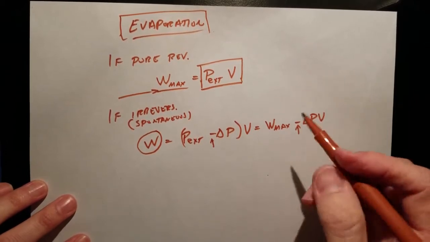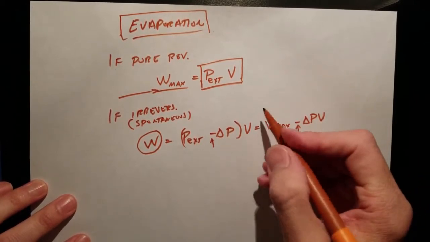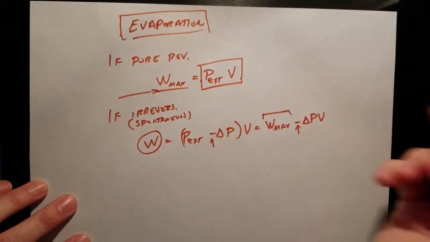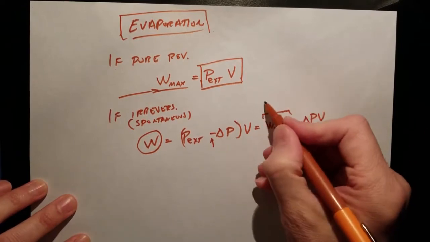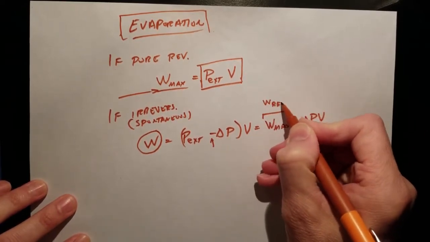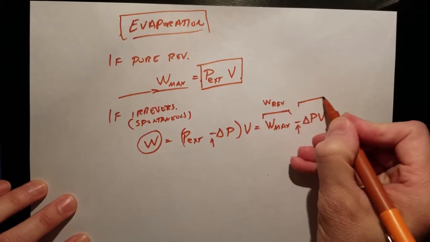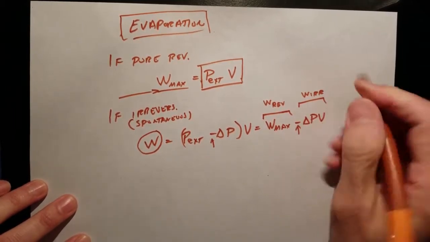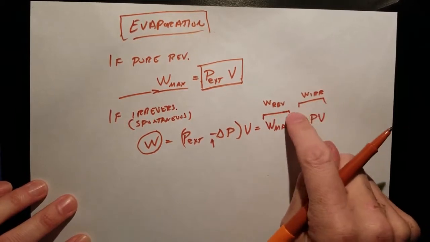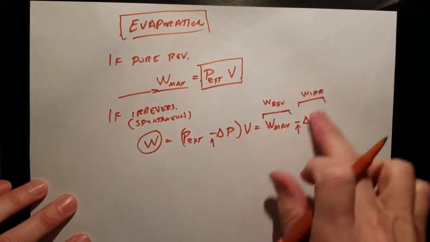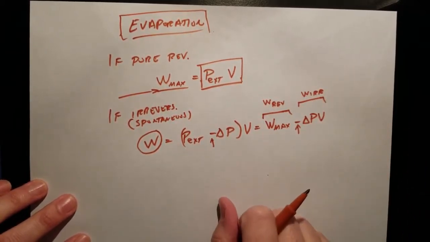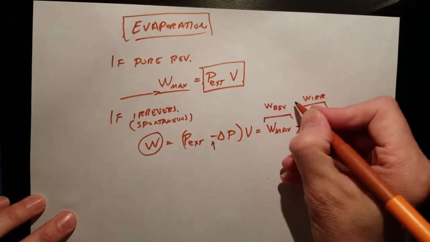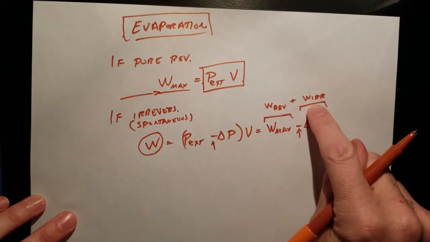Also, it's worth noting that if you want to think about this as the reversible work, this being the difference, this is the irreversible work. Gaskell doesn't use these terms, but I think that carrying these through the discussion is helpful. So we have some irreversible work.